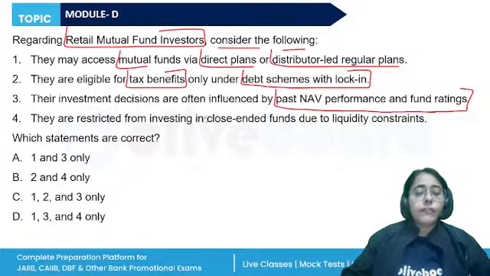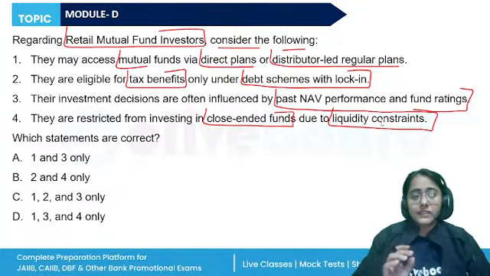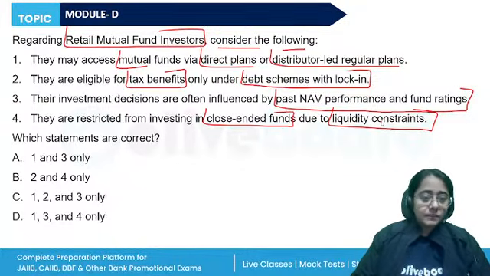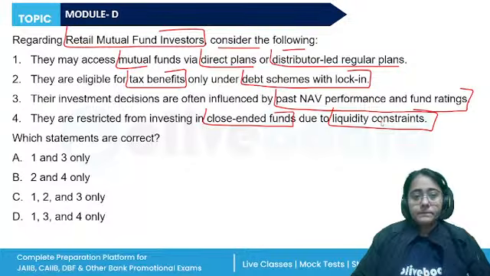They're restricted from investing in closed-ended funds due to liquidity constraints. So, retail mutual fund investors means individuals. Which of the following statements will be correct about the retail mutual fund investors?